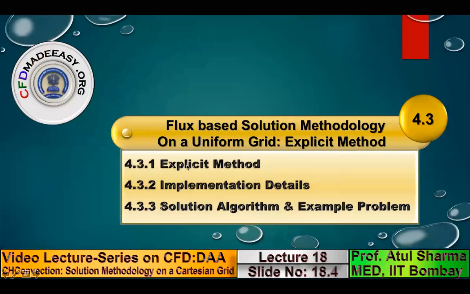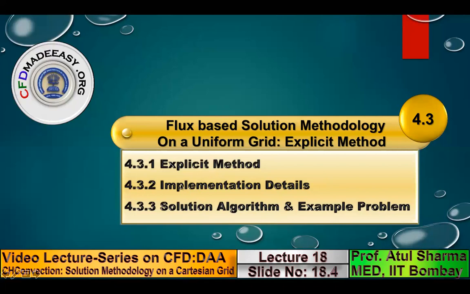So in the flux based solution, when you talk of solution methodology, it consists of three elements. First is solution method, second is implementation detail, third is solution algorithm. The flux based solution methodology was presented in the previous topic as well as here in this topic for explicit method, whereas coefficient of linear equation based methodology will be presented later for both explicit and implicit method.